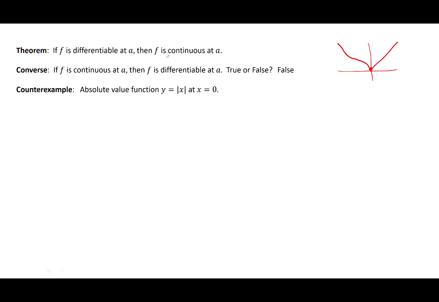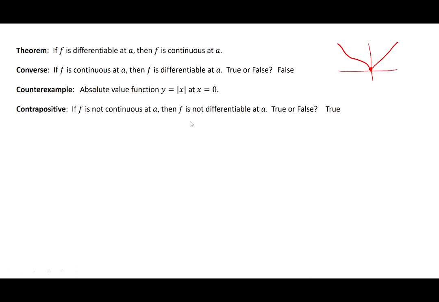So we need to come up with not Q, the negation of the second part, then not P, the negation of the first part. So if f is not continuous at a, then f is not differentiable at a. Would you agree that should be the contrapositive? Cool. Is the contrapositive true or false? I just reminded you. Automatically true.